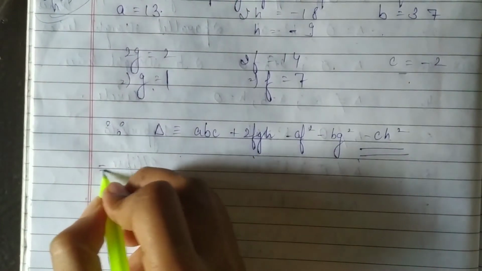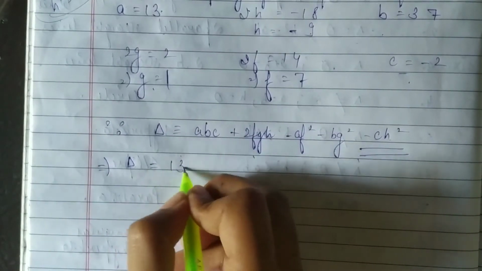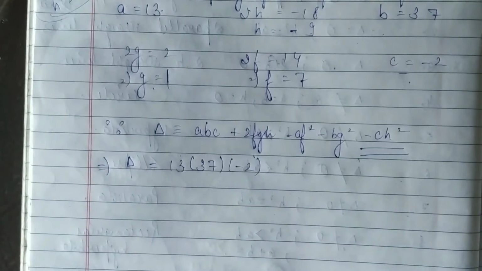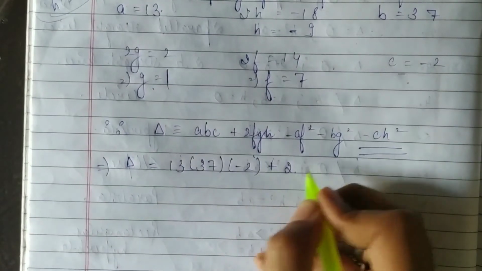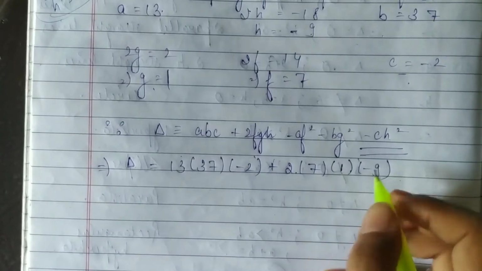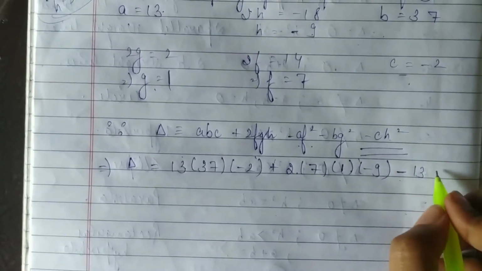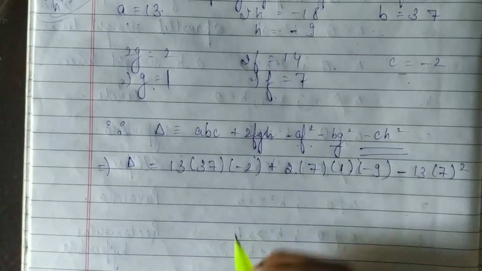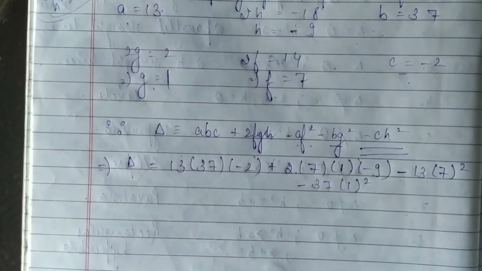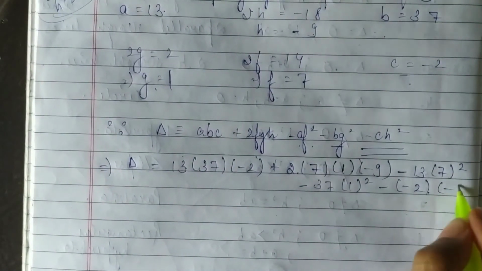Now we will put in the values of a, b, c and f, g, h. a is 13, b is 37 and c is minus 2, f is 7, g is 1, h is minus 9, minus a f square, a is 13, f square is 7 square, minus b g square, what is b? 37, g is 1 square, and minus c h square, c is minus 2 and h is minus 9 square.